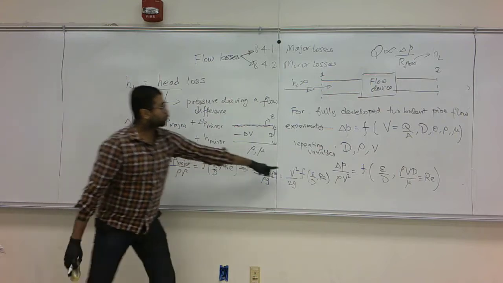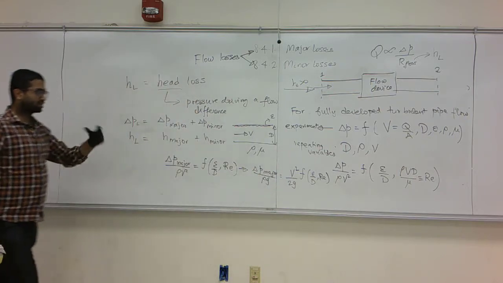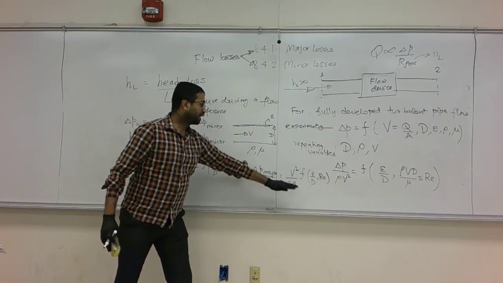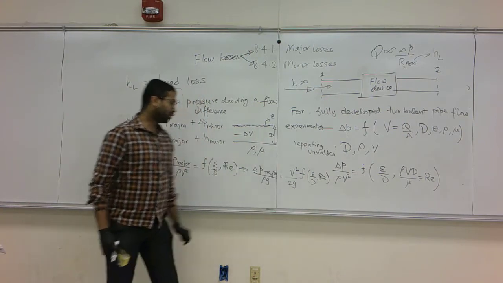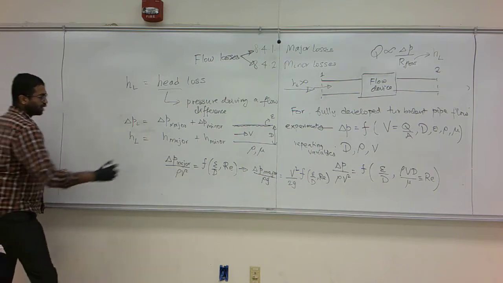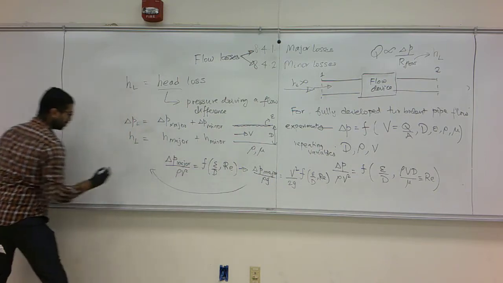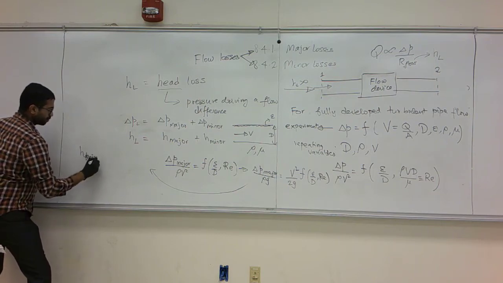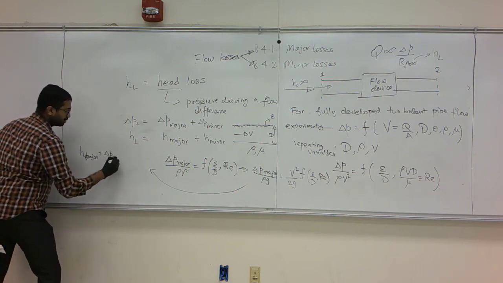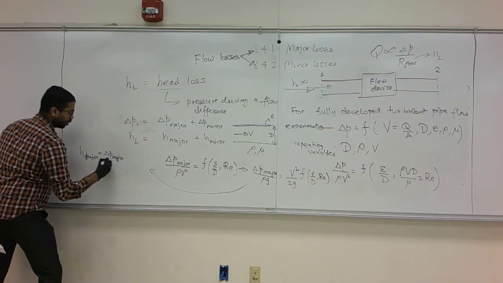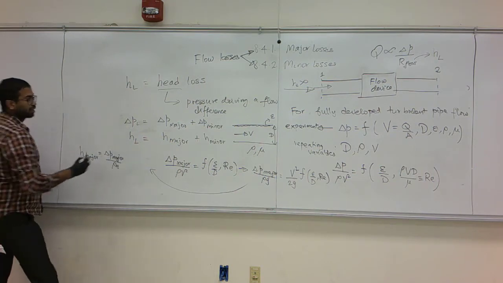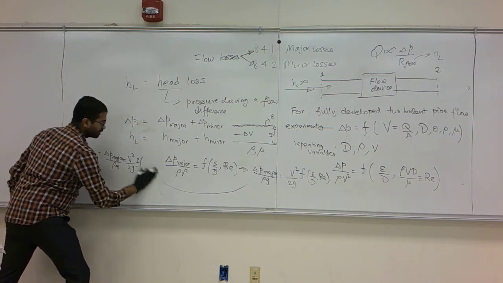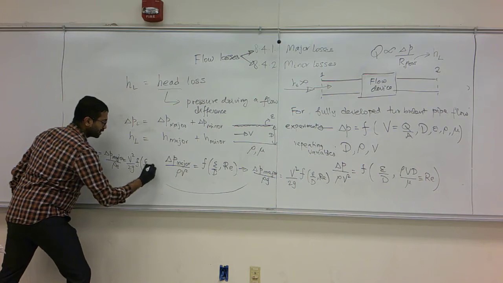That half v squared is the kinetic energy. This 2 can be absorbed into the function. It doesn't change anything if I write v squared over 2g. So what that gets me is the major head loss, H major, which is delta P major over rho g, that is v squared over 2g multiplied by a function that depends on the roughness and the Reynolds number.